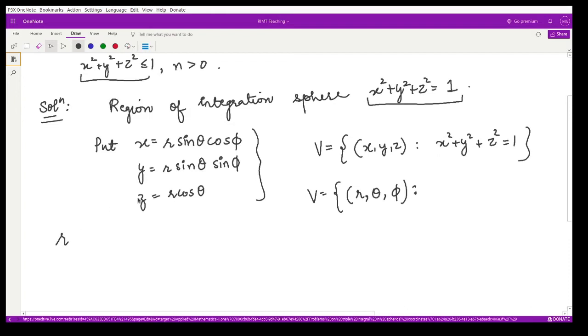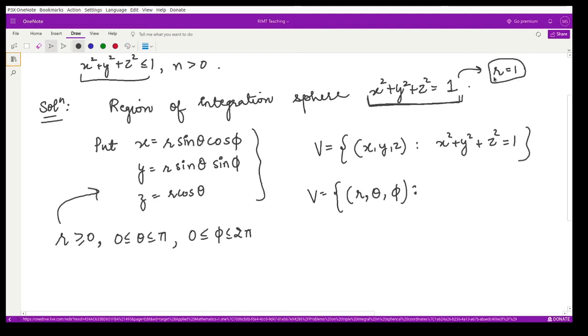According to these conversions, r is always greater than 0. The value of theta always lies between 0 to pi, and the values of phi also lie between 0 to 2 pi. So this is according to the general sphere. In this case they are asking for this particular sphere. Now for this particular sphere, what is the value of r? R is equal to 1.